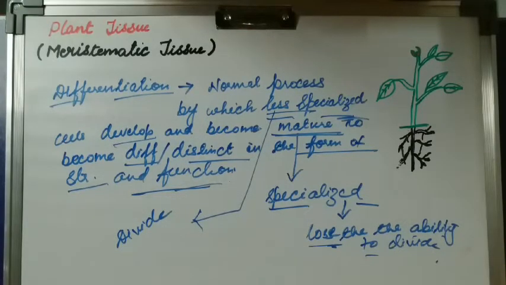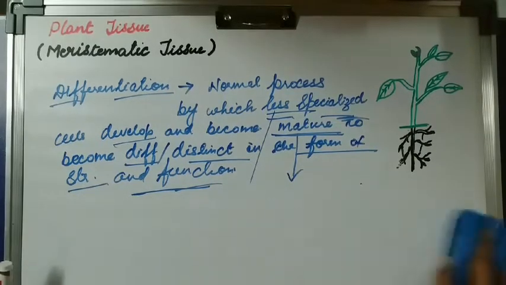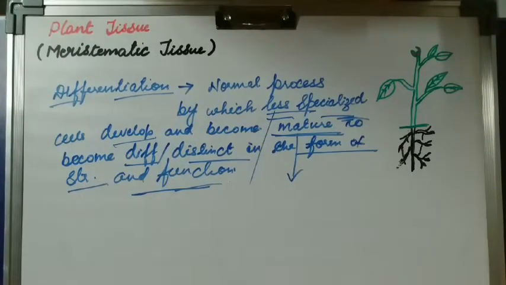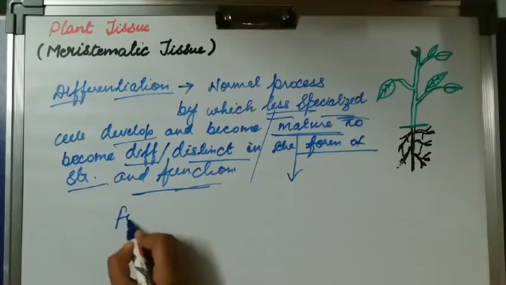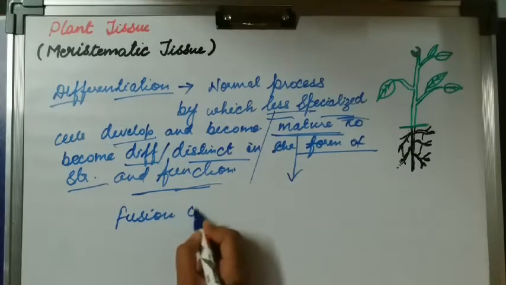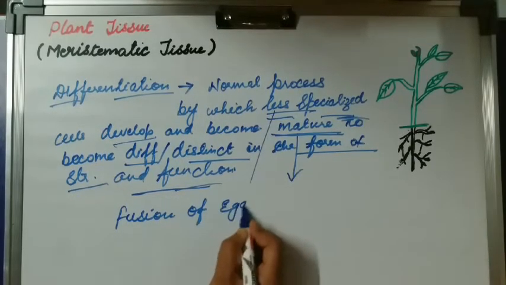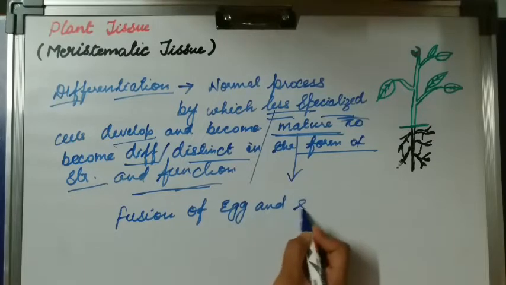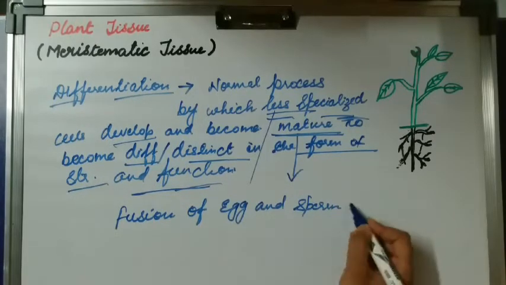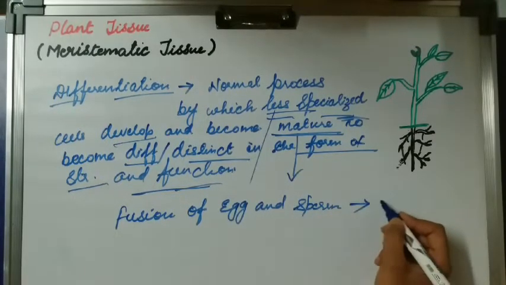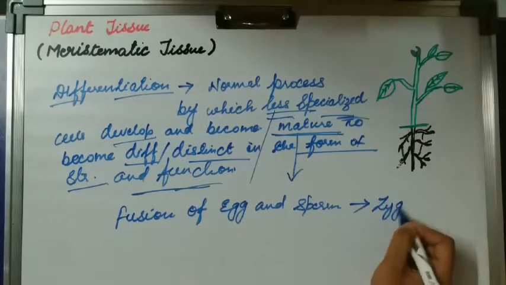With an example also I can make you clear. See, a zygote is a single cell. When there is a fusion of egg and sperm, it leads to the formation of zygote.